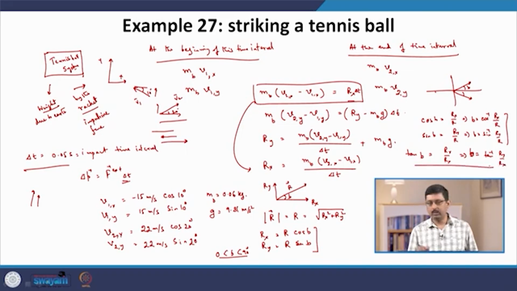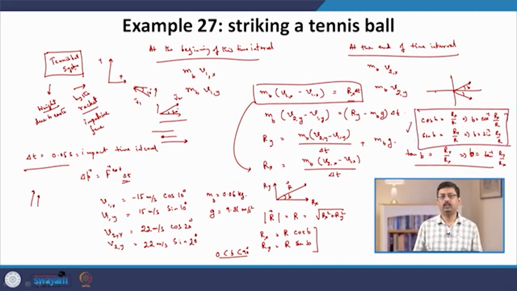This I would not recommend, because it has an ambiguity: there are two angles with the same tangent, as you know from the trigonometric properties of angles. So, it is better to look at the simultaneous solution of inverse cos and inverse sin to determine the angle.